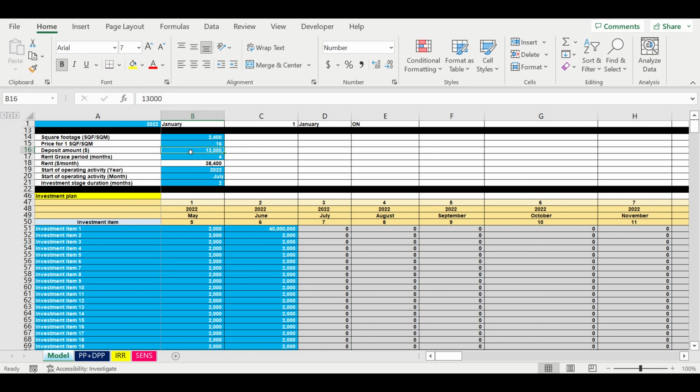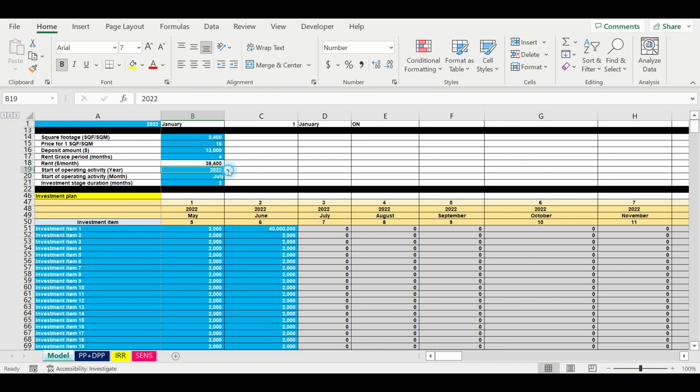Then if we have a deposit that we pay to the landlord, we specify the amount of this deposit. Then we may have or we may not have some grace period for rent payments. So if we do have, we can specify the number of months for rent holidays here.